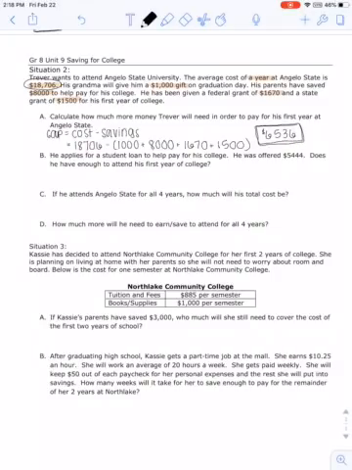Part B says he applies for a student loan to help pay for his college. He was offered $5,444. Does he have enough to attend his first year of college? Well, you can just look at these two numbers and probably figure out that answer. But if you're not able to just notice that this value is greater than that, we could come over here and do what we did originally.